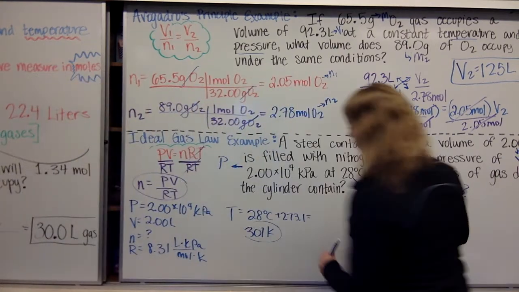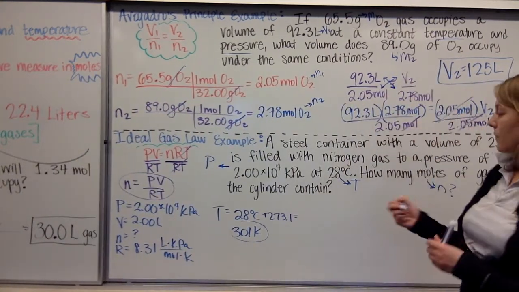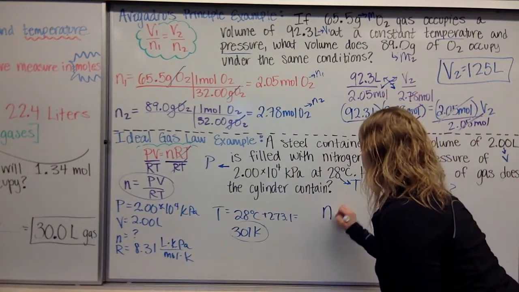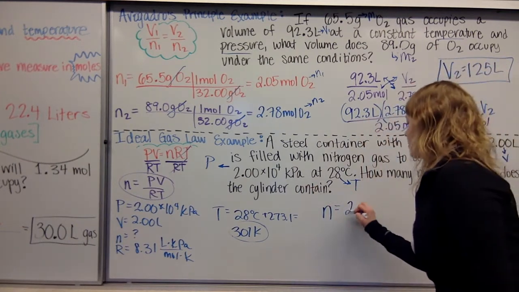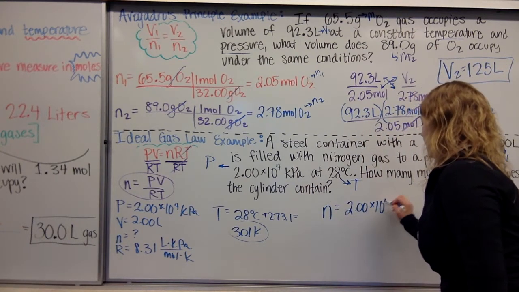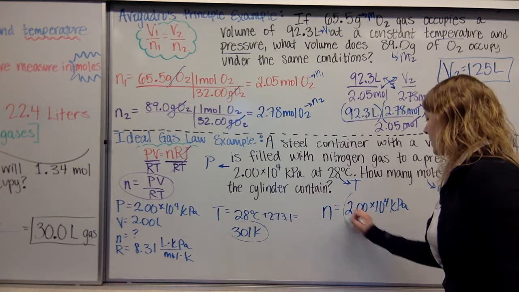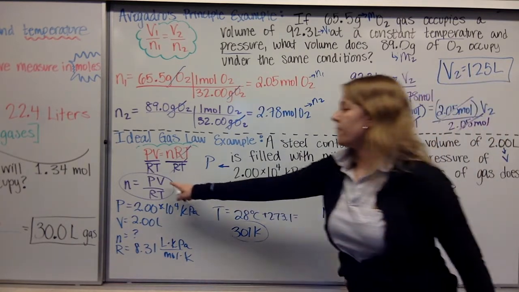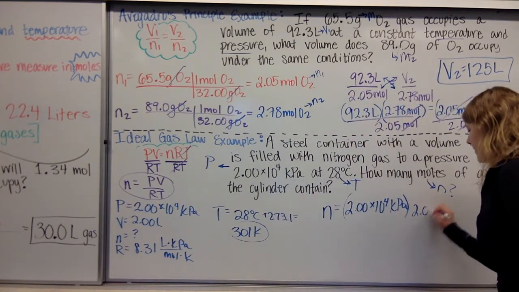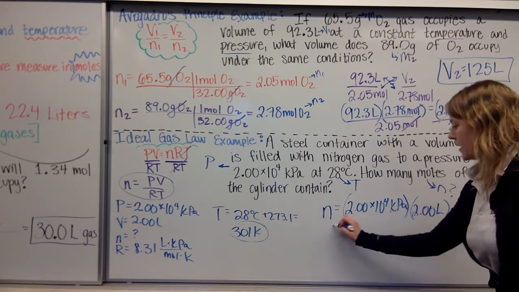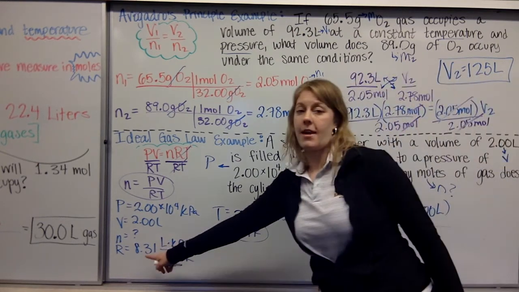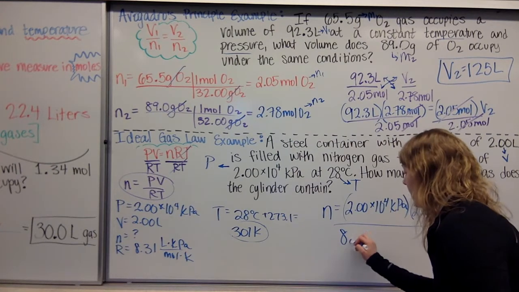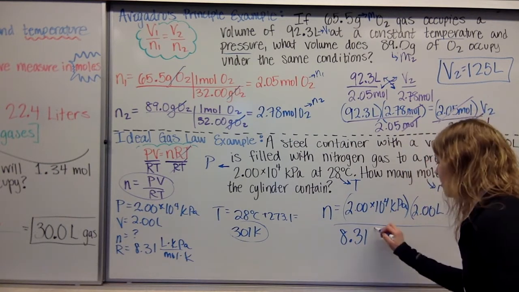Okay? So over here, I'm going to go N is equal to P, 2.00 times 10 to the 4th kPa, times V, 2 liters, divided by R, 8.31. Do you need to write the whole unit? Sure you do.